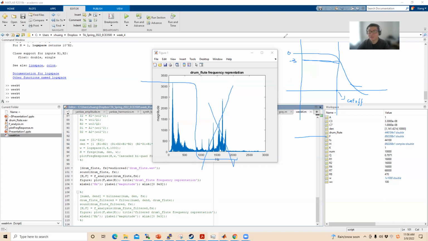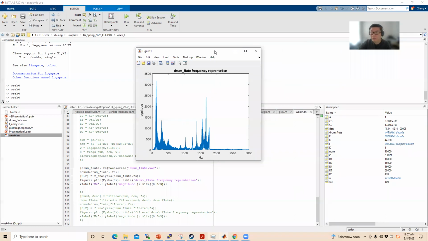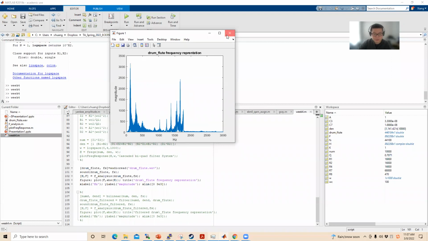So I can show you the final result if I just use my self-defined two biquad filter. Okay, this is the original frequency representation.